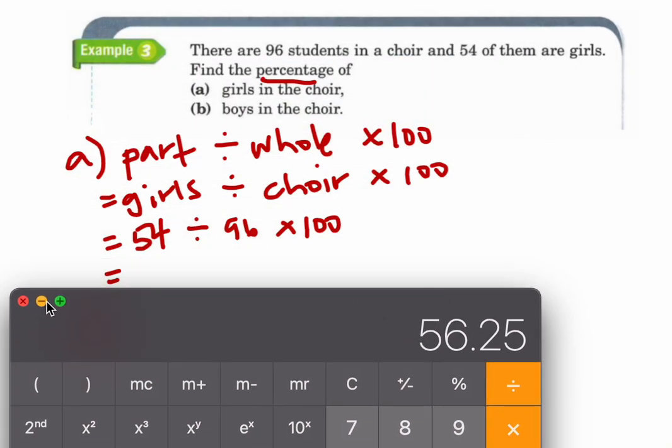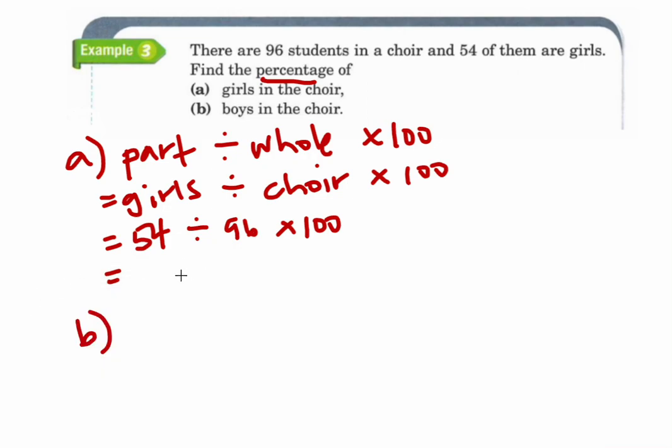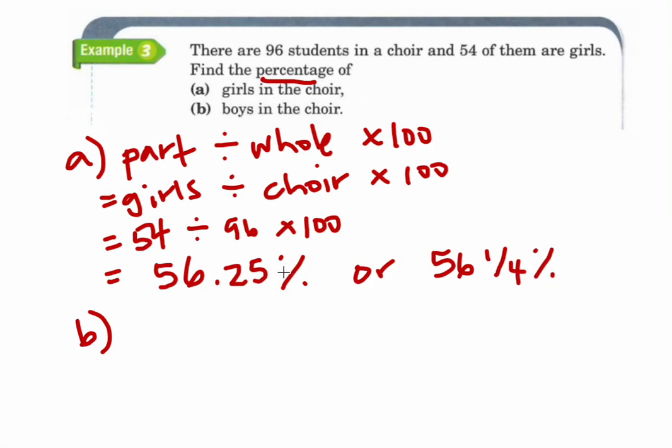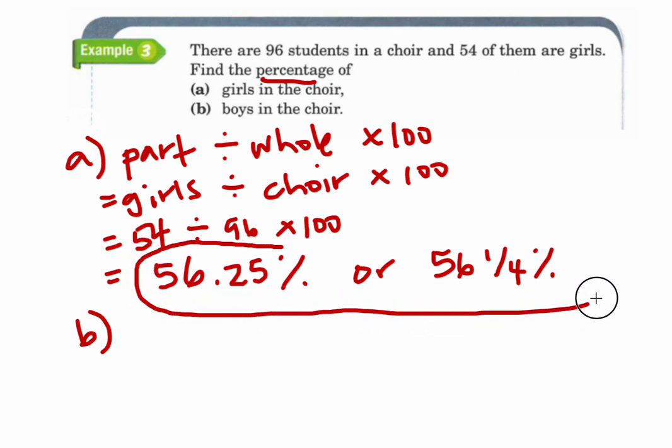So that's our answer. 56.25%. That would be our answer for part A. There is about 56% of girls in the choir.